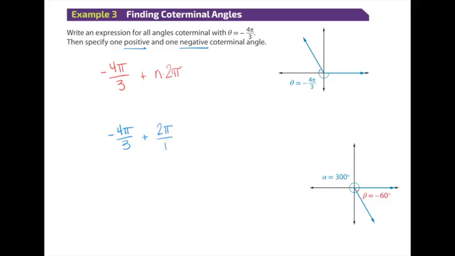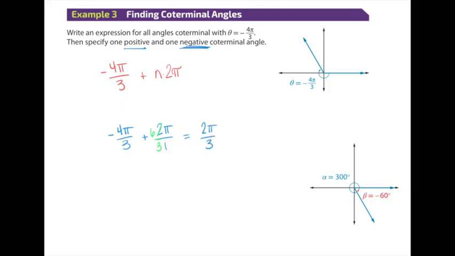What do I need? A common denominator. What is my common denominator? 3. So instead of 2 pi over 1, I'm going to say 6 pi over 3, right? And I'm going to add it. Negative 4 pi over 3 plus 6 pi over 3 equals what? 2 pi over 3. That is a positive coterminal angle, all right?